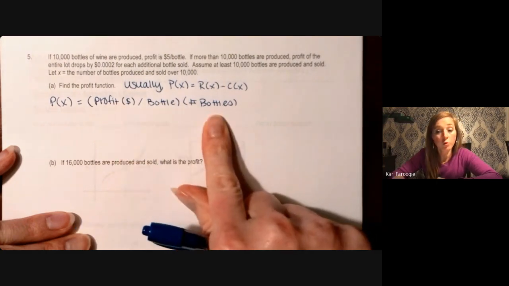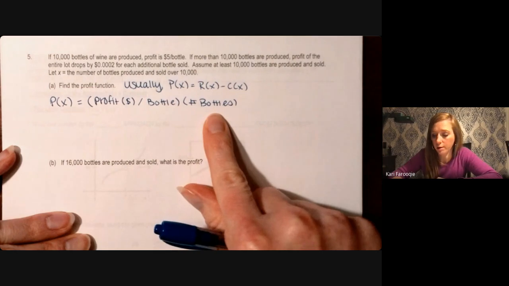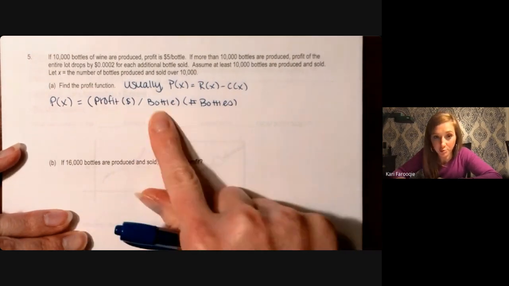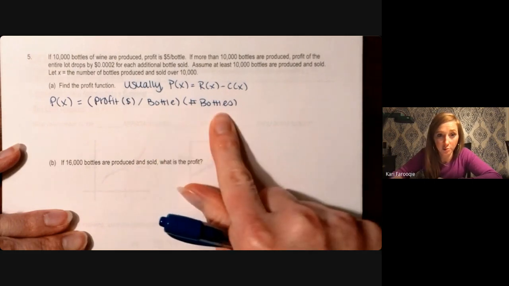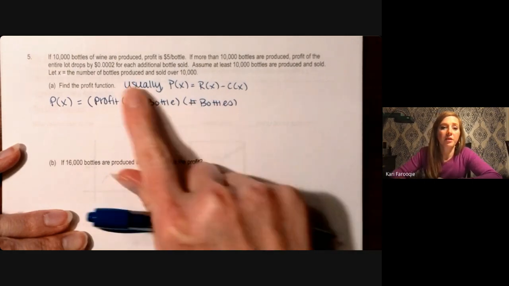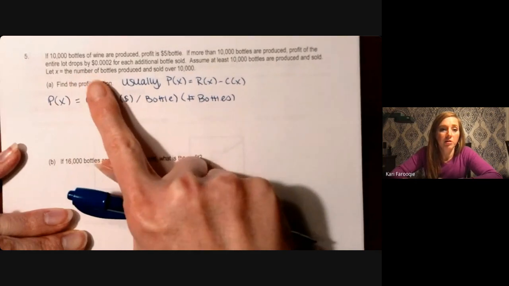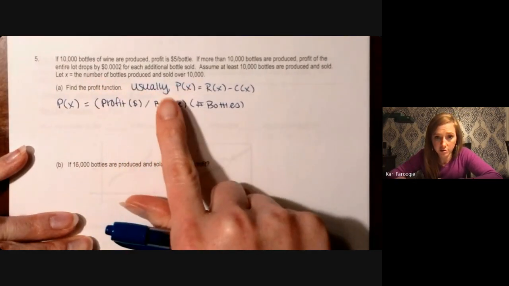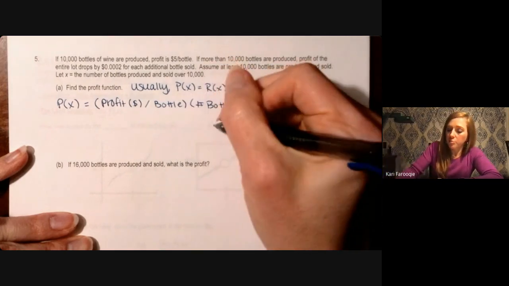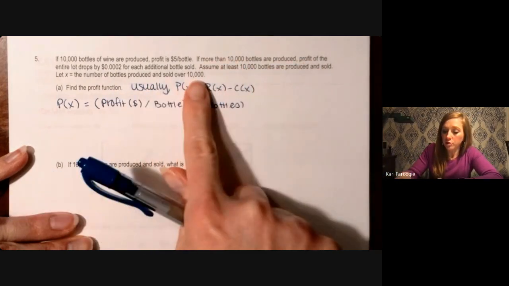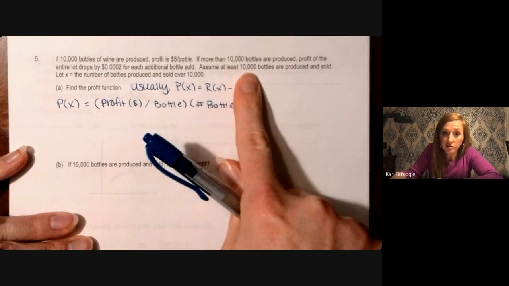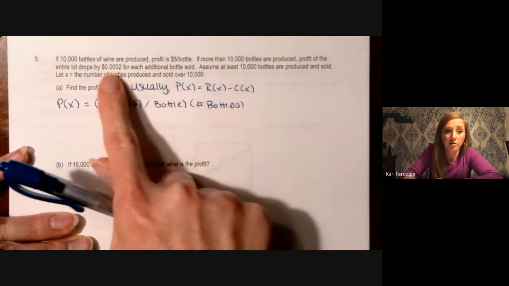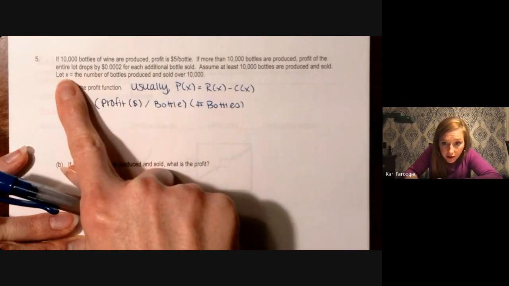Once you know this, though, we're still going to have to come up with some quantities with variables that tell us something about the profit per bottle and the number of bottles. You were already told in the problem statement that X is going to be the number of bottles produced and sold over 10,000. So for the number of bottles, it says assume you're making at least 10,000 of them. If you're making at least 10,000, you're also making X more than that.